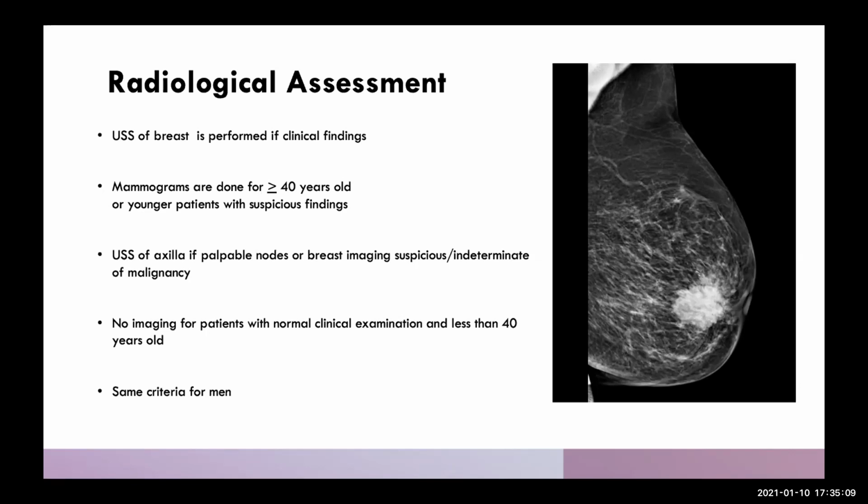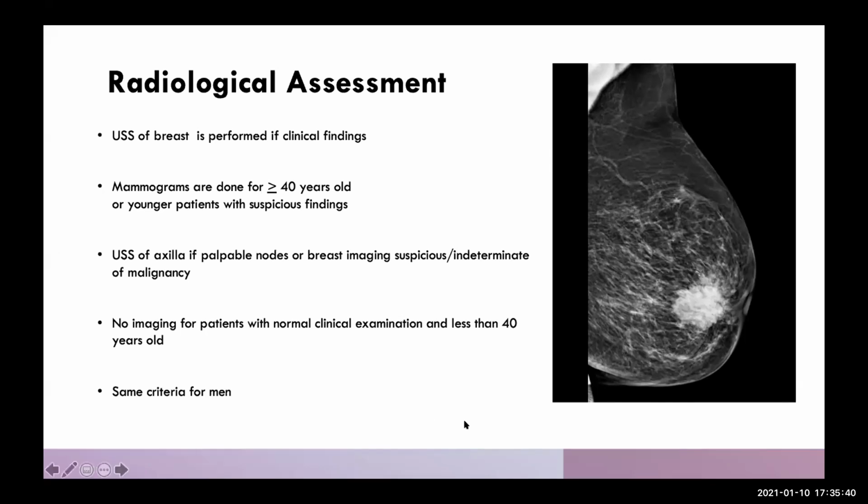But if a woman is over the age of 40 years, then we would do a mammogram as well. Now, either clinically or mammographically, if the lesion or the lump looks suspicious, then we would do a mammogram, even if they are under the age of 40. And almost always we would do an ultrasound of the axilla if the lump looks suspicious or indeterminate at the time of assessment.